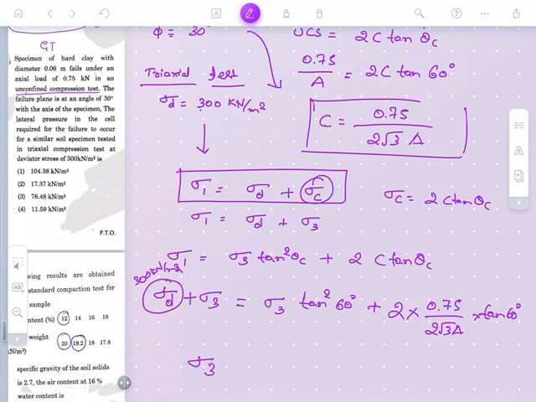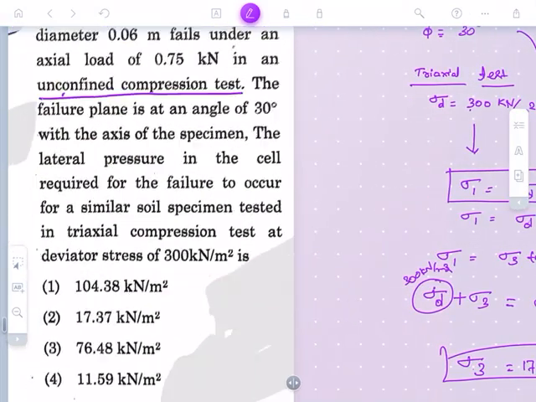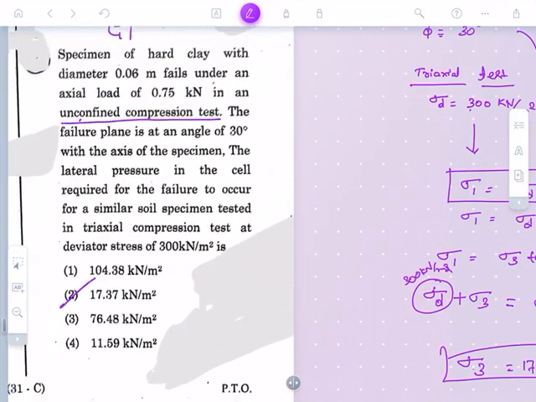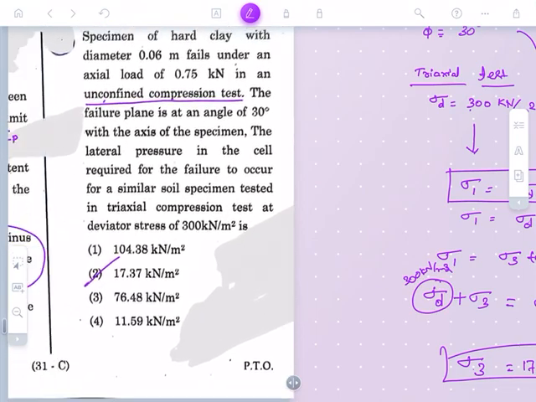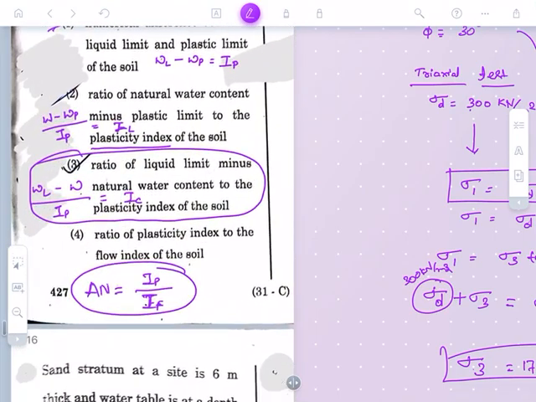If you substitute these values, sigma 3 will become 17.37 kilonewton per meter square. This is an easy question, but it requires some time, so the answer would be 17.37 kilonewton per meter square.